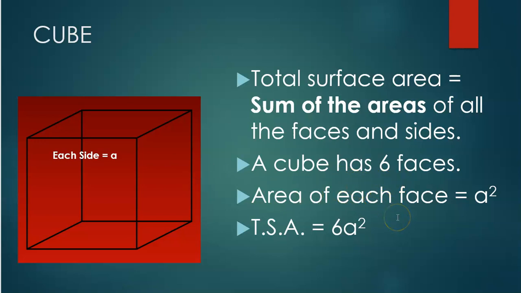Since each side of a cube is equal in length as well as all the faces are the same, what we can determine is the area of each face, which is given by a square. If a is the side of each face, then since a cube has 6 faces, 6 times a square gives us 6a square, which is the total surface area of the cube.